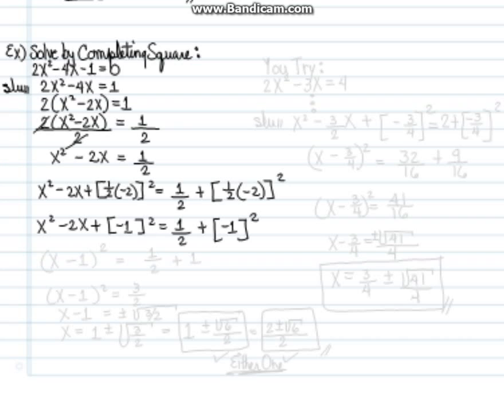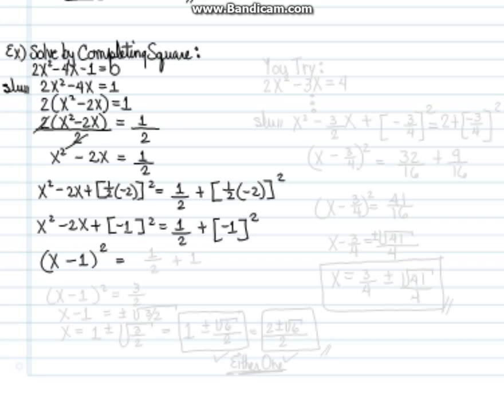Another way of doing that in your head is to factor the left-hand side by writing parentheses x plus whatever's in the bracket, including the sign. In the bracket, we have a negative 1, so we add a negative 1 inside the parentheses and square that. That's the same as applying the formula that I just quoted for you.